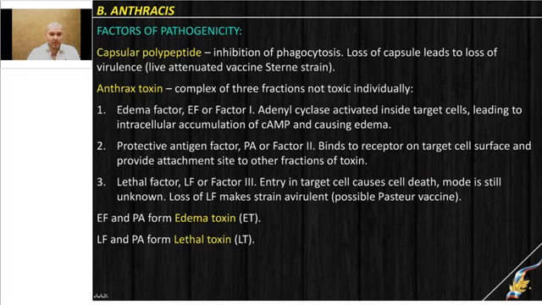Again, 3 different factors which have no activity by themselves, but in combination they can form 2 main types of toxin. So edema factor, or EF, or factor 1, is the active molecule of the toxin, or A part of the toxin. Again, it is a biological toxin that has a common structure. It should have a B binding subunit and an A active subunit. So in the case of anthrax toxin, edema factor is the A active subunit.